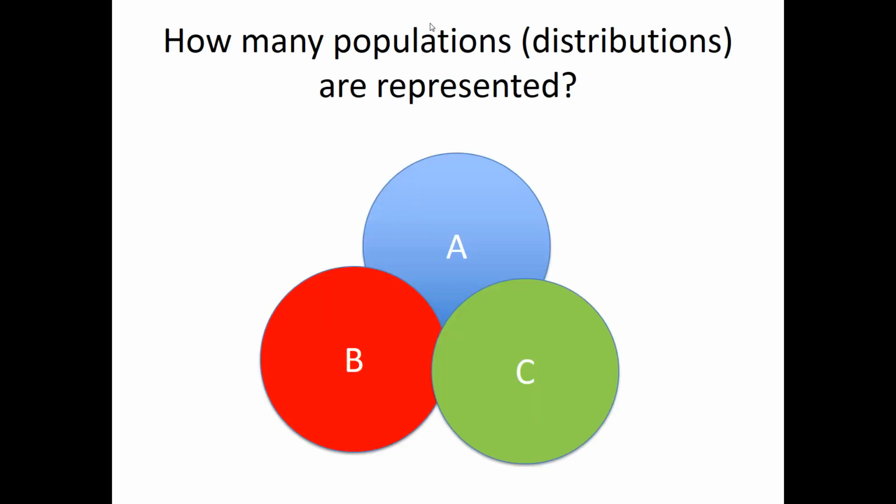As an example, given 3 samples, we would like to know how many populations are represented. Our first step would be to perform an ANOVA. If our F value is sufficiently high, then we reject the null hypothesis and know that at least 2 populations are represented. Then we can perform pairwise comparisons among the 3 groups to determine how many populations are present.